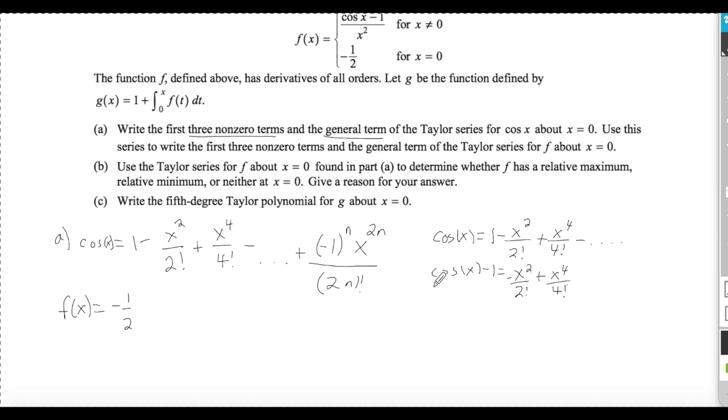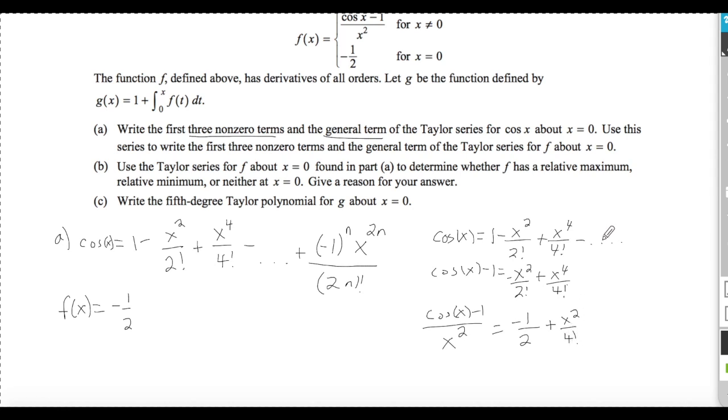And then I can say, okay, cosine of x, if I divide everything by x squared now, what I would get then is cosine of x minus 1 over x squared is equal to, I'm going to divide all these by x squared, so that'll give me negative 1 over 2, plus, divide this by x squared, that'll give me x squared over 4 factorial.